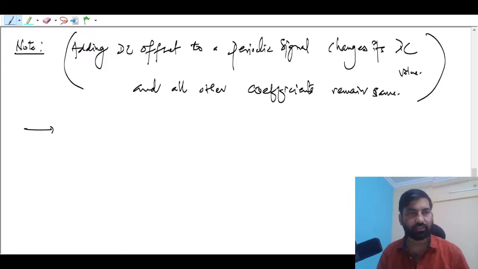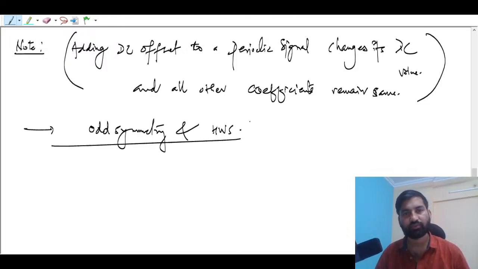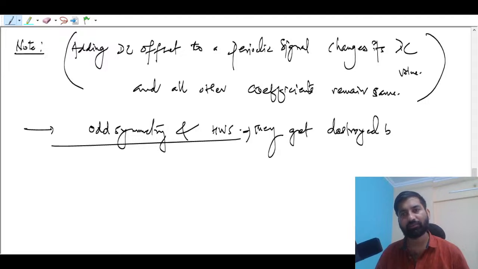So remember that odd symmetry and half wave symmetry get destroyed by a DC offset.